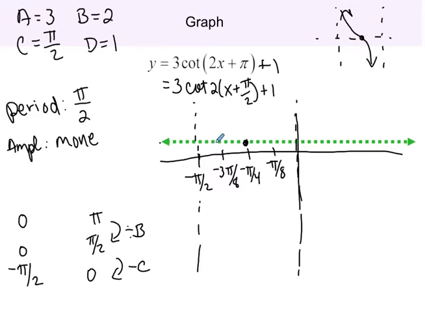Of course, if it was reflected, that's not the case, but it's going to go up on the left, and it's going to go up A. And A is 3. It's kind of a pretend amplitude. So this is 1, 2, 3, 4. So it's going to go up 3 from my transformed x-axis on the left-hand side, and it's going to go down 3 to -2 on the right-hand side. And then we're going to draw my graph in.